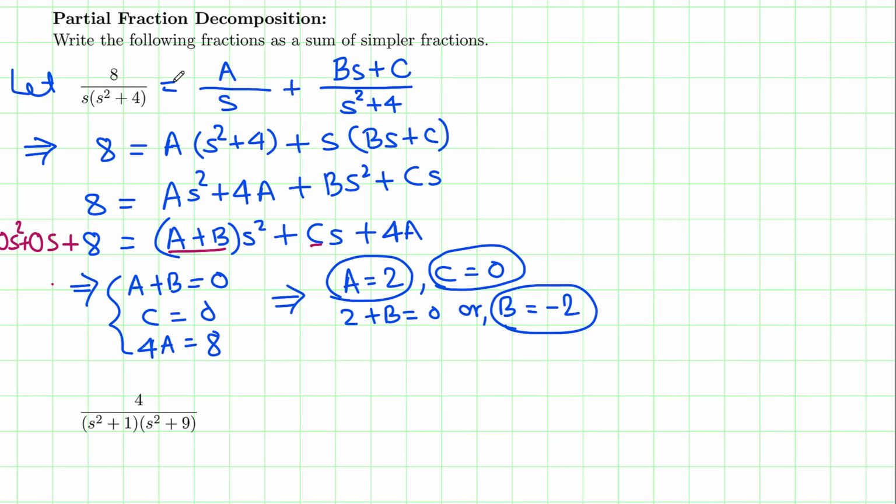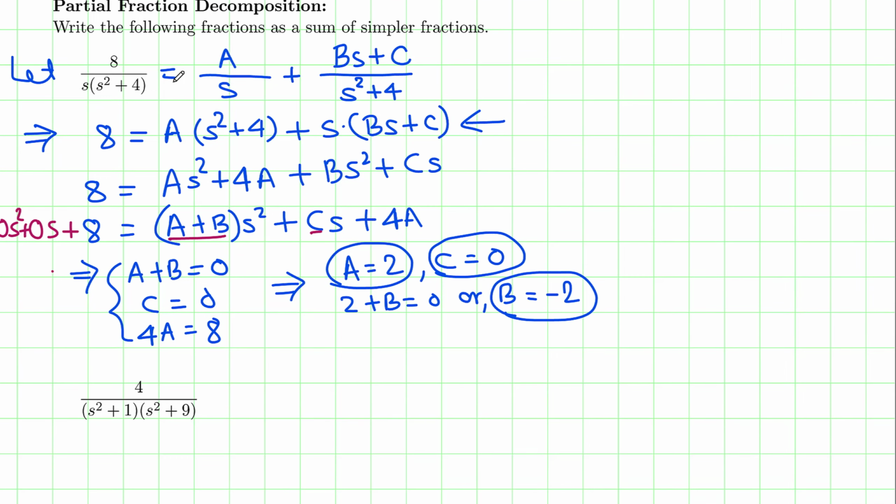This is just equating the coefficients from both sides. We could have taken s equals 0. Then on both sides, this would be 4a equals 8, then a would be 2. But then we have to do something like this anyway, so sometimes it's better to go this way.